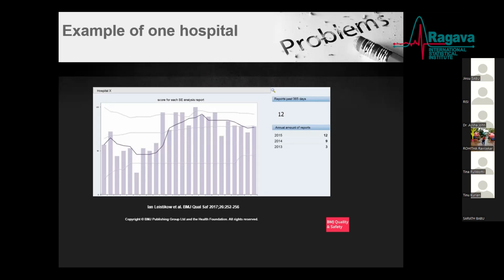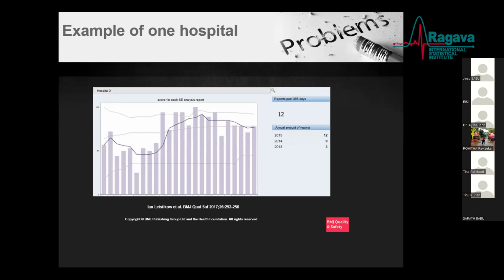this column, if you actually see the dark line on this graph, it represents the quality score of sentinel events. They actually studied how the sentinel event investigation is being done, what kind of information, and what learning process they undergo during a sentinel event investigation. This particular hospital's average score, as you can see, has gone up as the years passed.